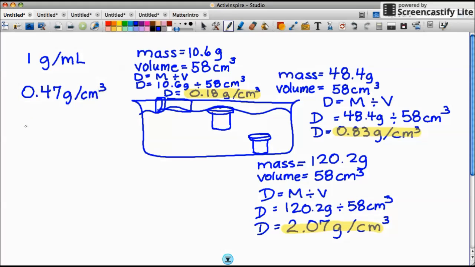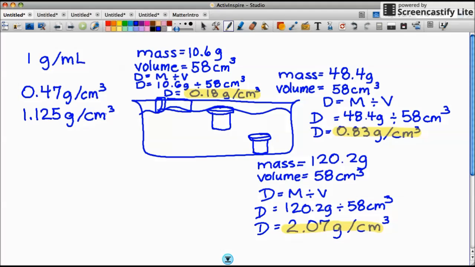What was its density? Something grams per cubic centimeter. Will? 1.125 grams per cubic centimeter. Is that more than 1? Yes. So in order for something to float, it's got to be less dense than the material it's in.